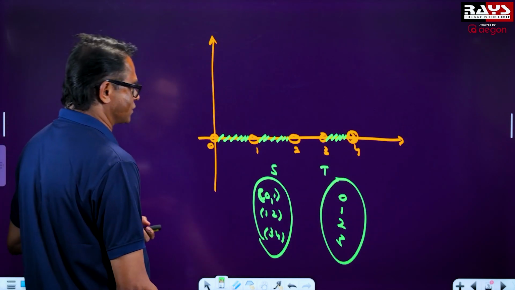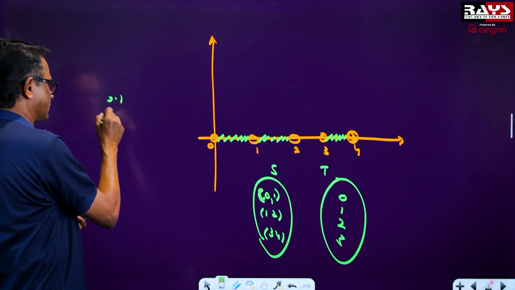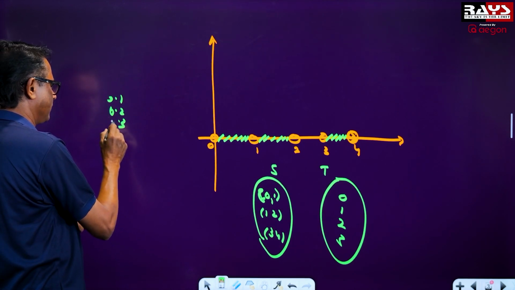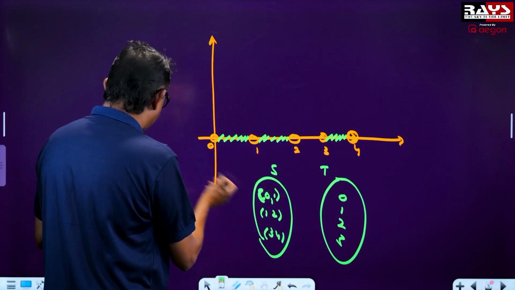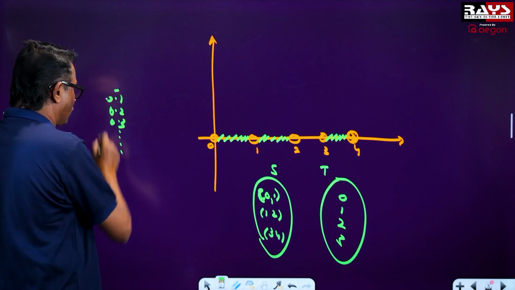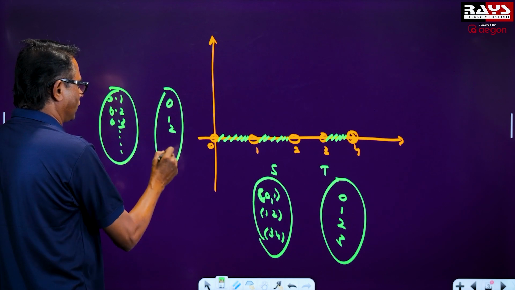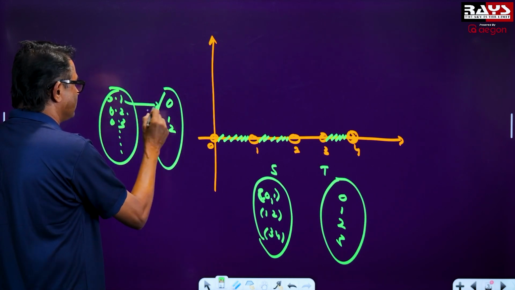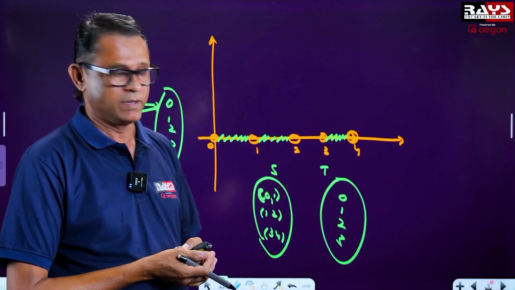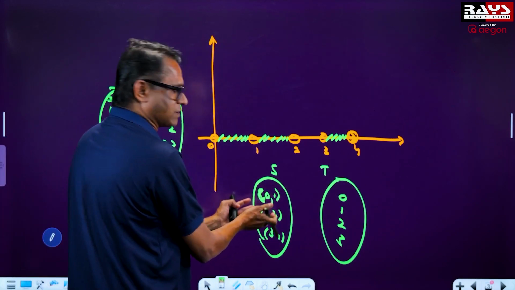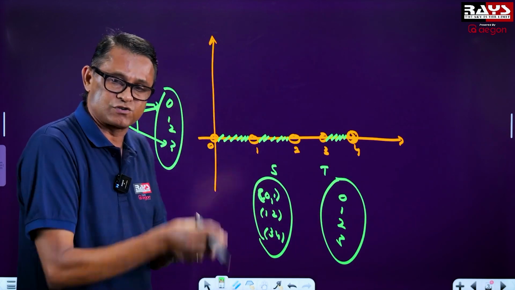Between 0 and 1 there are points like 0.1, 0.2, 0.3, and so on. We can find infinitely many points between 0 and 1, and each can be mapped to 0, 1, 2, or 3 in infinitely many ways, because the domain contains infinitely many points and the codomain is finite.